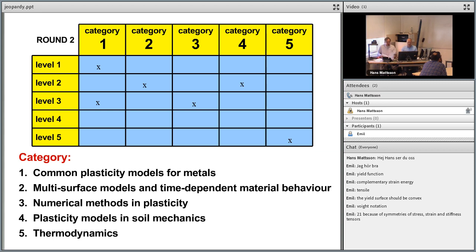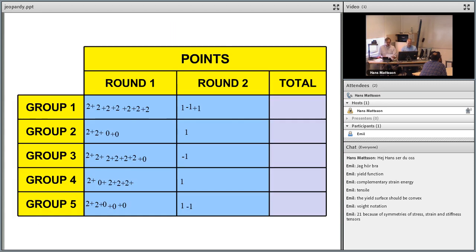Category 3, level 2. In the integration of elastoplastic constitutive equations, we have both indirect and direct methods. In which form is the consistency condition used in indirect methods and direct methods, respectively? Group 1 first.